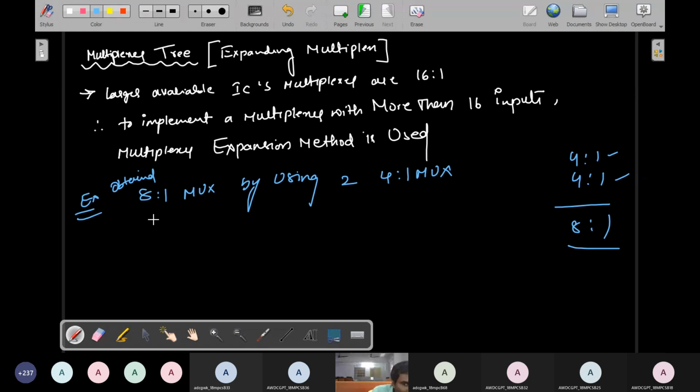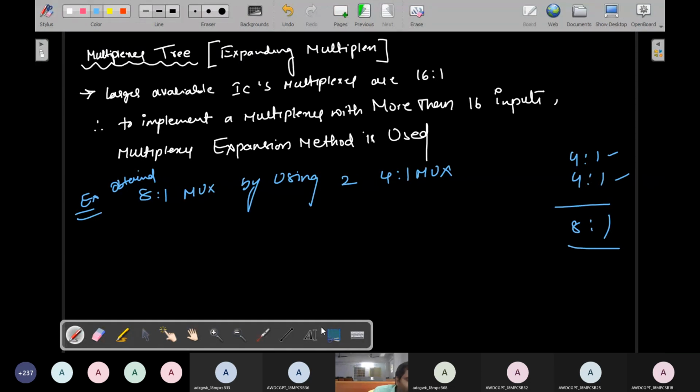For example, I consider only 8:1. I obtain an 8:1 multiplexer by using two 4:1 multiplexers. See the diagram. As a result, it will work like an 8:1 multiplexer.